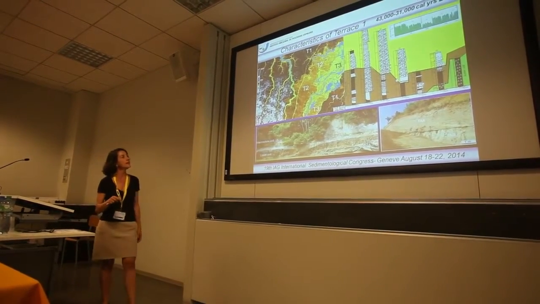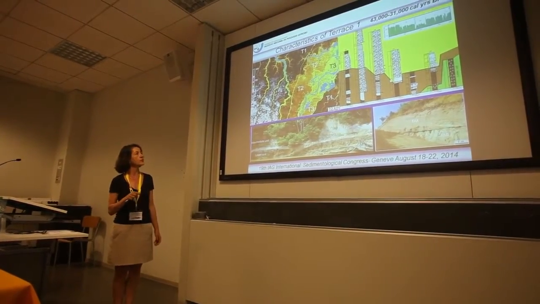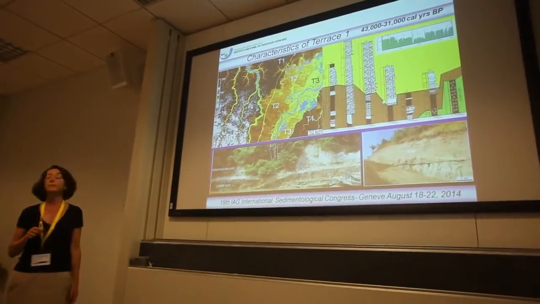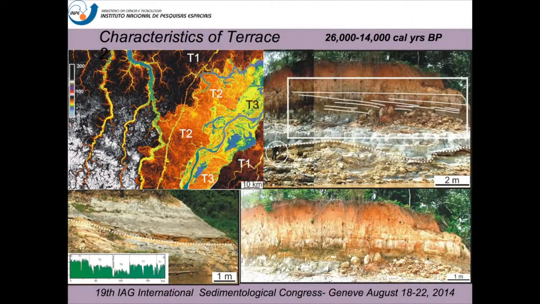And you can see that in the area I just showed you, we have three main terraces. We have another small terrace that we can't recognize very well in these images, but mainly we have these three very well developed terraces. The main one is located far away from the modern river.